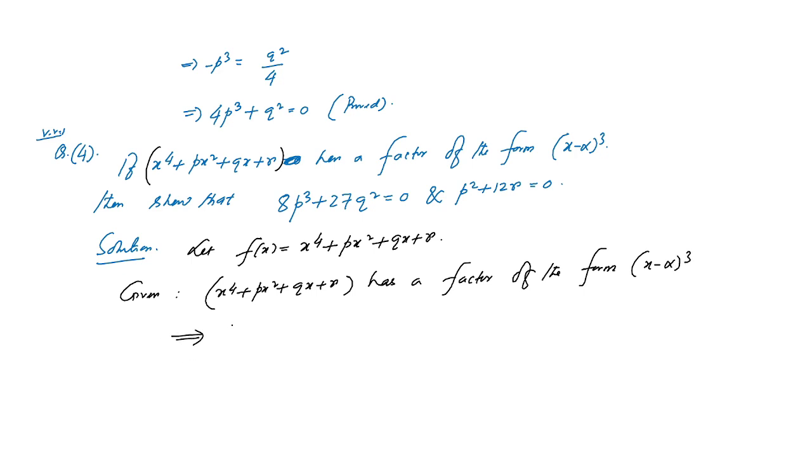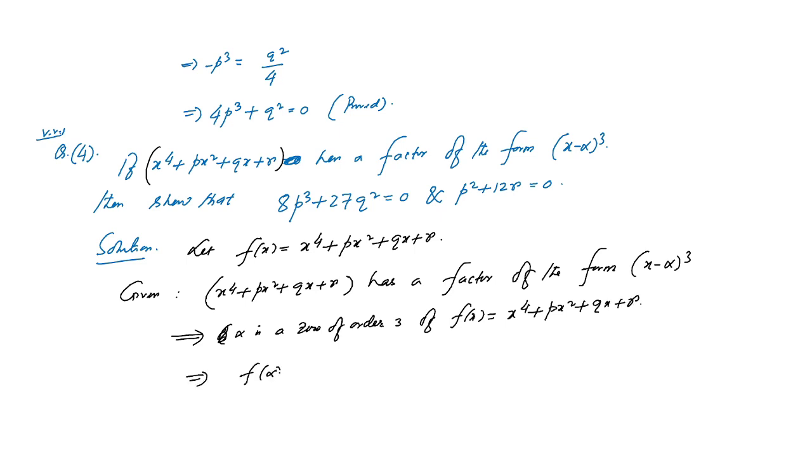So that means alpha is a zero of order 3 of f(x), because (x minus alpha) into (x minus alpha) appears 3 times as a factor.